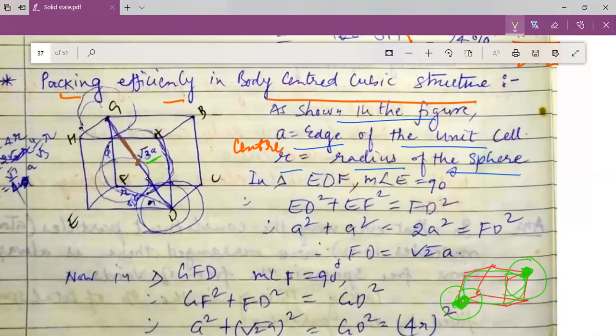Then we have another radius of the same sphere. Then, my dear students, we have the next radius that we can see. We can look into another radius. Look at this, this is another radius, my dear students. This is another radius.